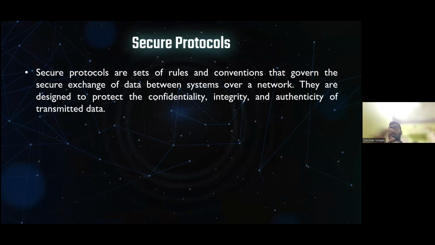We are not allowed to use a black pen or any other color. Secure protocols also follow the same kind of rule. These are sets of rules by which the network will transmit data in a particular way only.